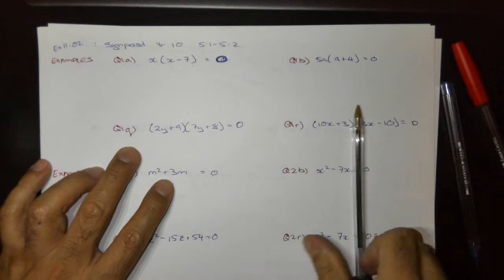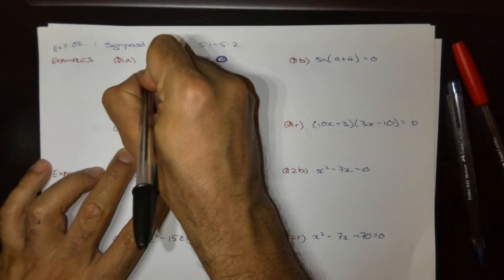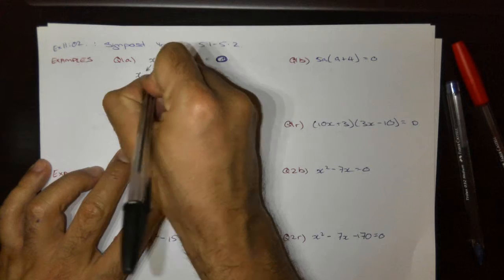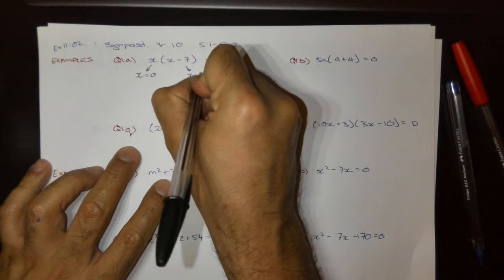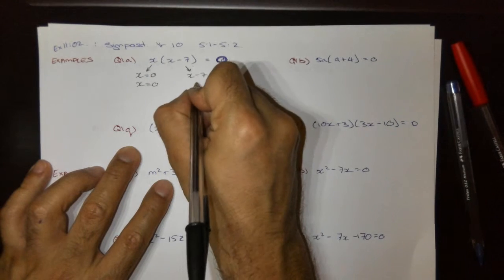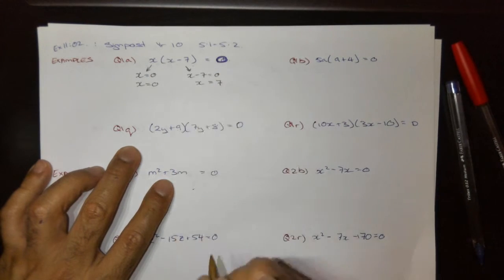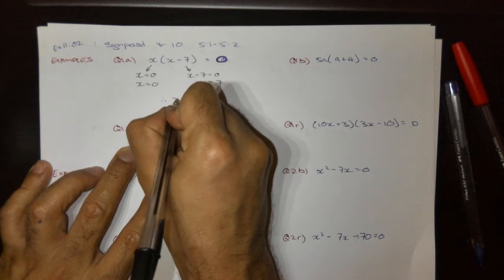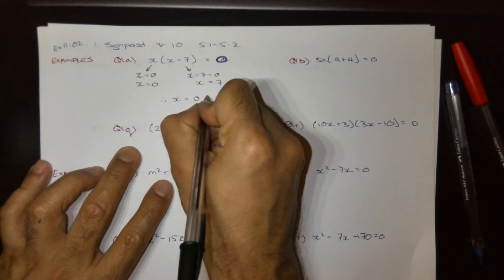So x has to equal 0, or x minus 7 equals 0. So x equals 0, or add 7 to both sides, we get 7. Therefore, x is 0 or 7.